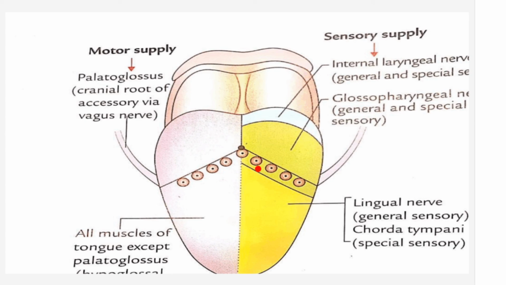The sensory supply of the anterior two-thirds of the tongue is by the lingual nerve carrying general sensations and the chorda tympani nerve carrying special sensations of the tongue.